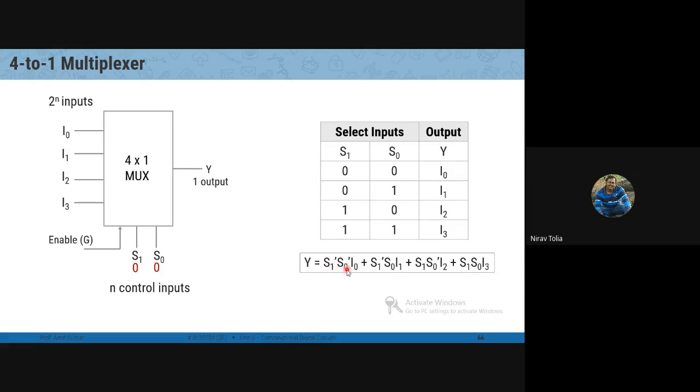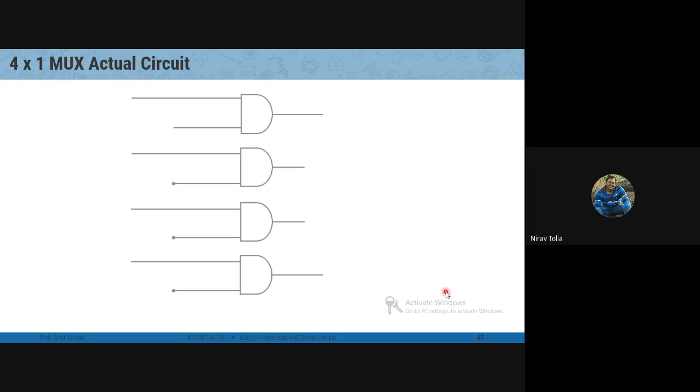So first we have to take the product, so we use the AND gate, and then we have to use the sum, and for the sum we use the OR gate. So we require 4 AND gates, which take the inputs I0, I1, I2 and I3. After those 4 AND gates, we have to add them, so we require the OR gate for the addition.